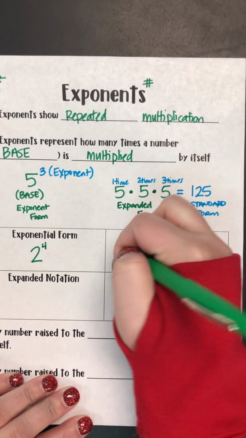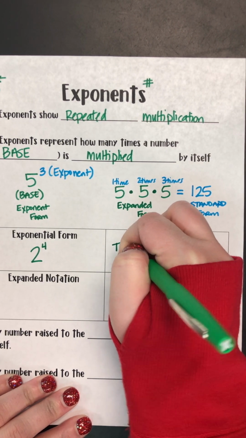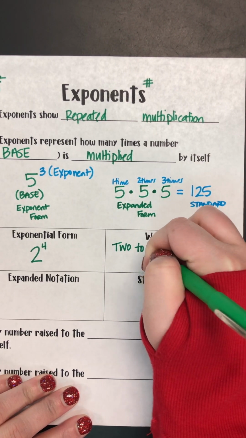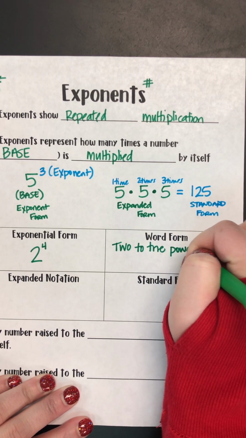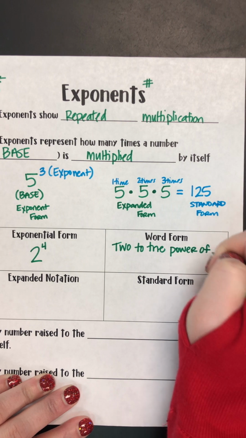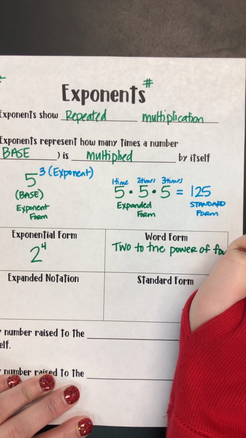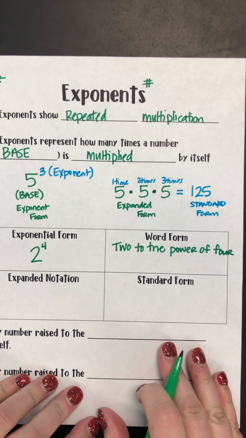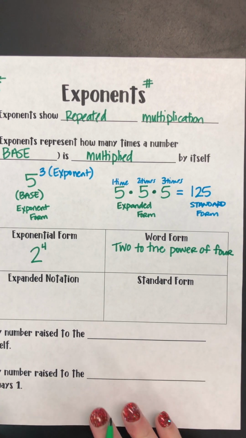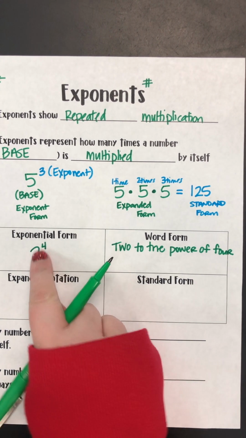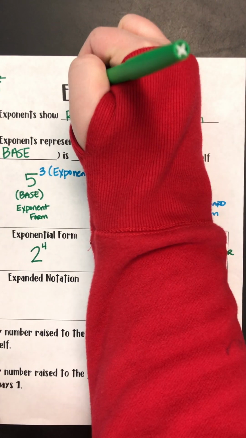So word form would be 2 to the power of 4, or 2 to the 4th power. Exponents are also called powers.